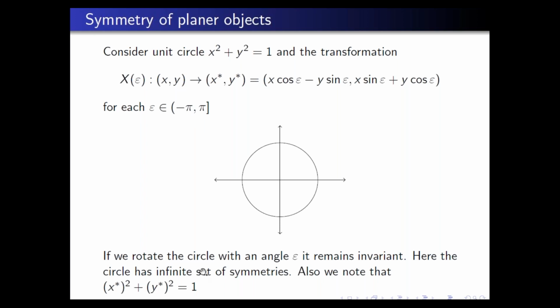Now, if we rotate the circle by an angle ε, it remains invariant. Here, the circle has an infinite set of symmetries. That is, some planar objects have a finite number of symmetries and some have an infinite set of symmetries. Also, we note that x*² + y*² = 1.